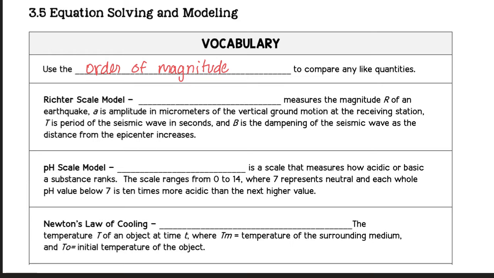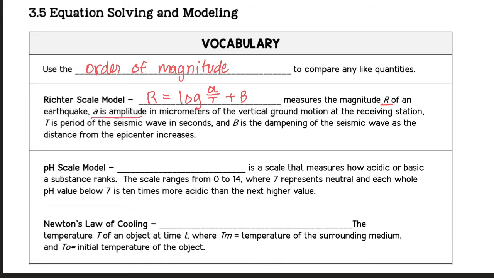to compare any like quantities. The Richter scale model is going to be R equals log A over T plus B. And it measures the magnitude R of an earthquake.